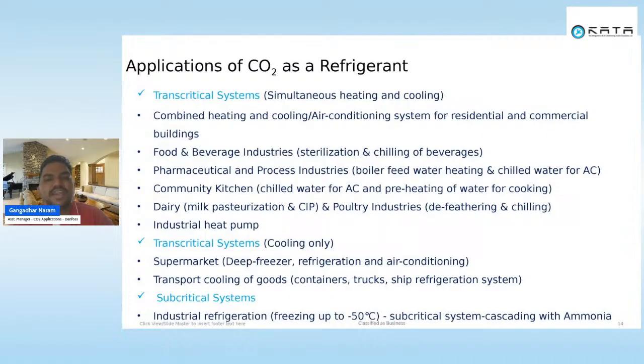You can see, for example, combined heating and cooling with air conditioning for residential and commercial buildings, combined heating for shower applications or other residential applications.